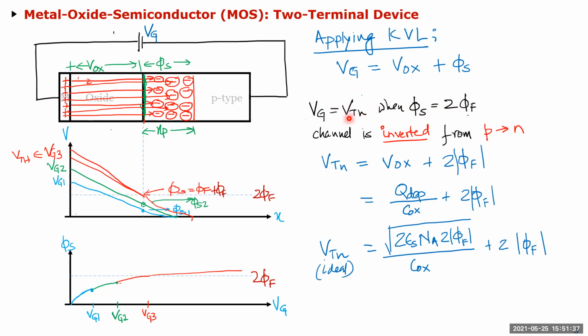And we call that voltage VTN. That voltage VG, which we call VTN, when the surface potential is equal to 2φf, which is twice the Fermi potential of this p-type material. So that's the definition of the threshold voltage. And that's the reason it's 2φf, because the channel gets inverted from a p-type to n-type. So now I have actually n-type material to conduct channel.